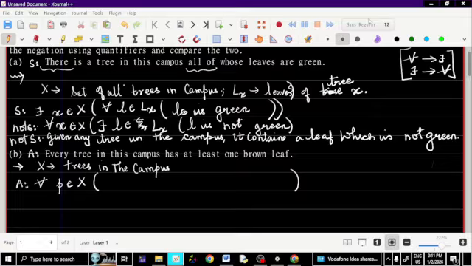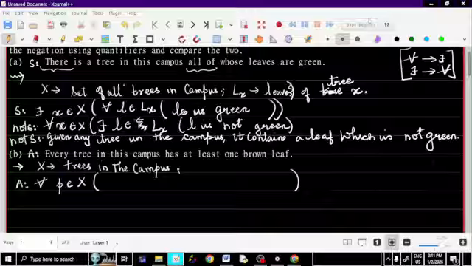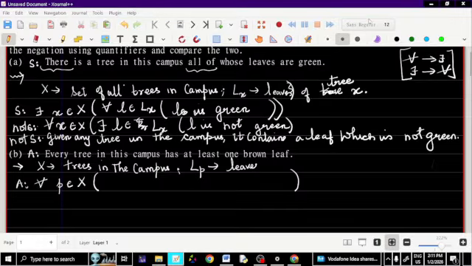It has at least one brown leaf. So now I'll need another set of context, all leaves of the tree p. So Lp will be all leaves of the tree p, because p is a tree, right? So there exists a leaf on this tree.